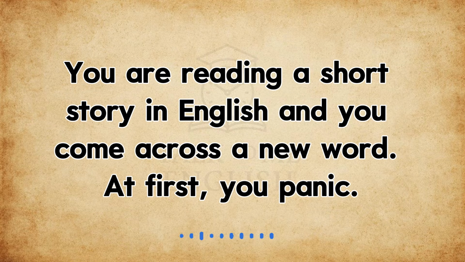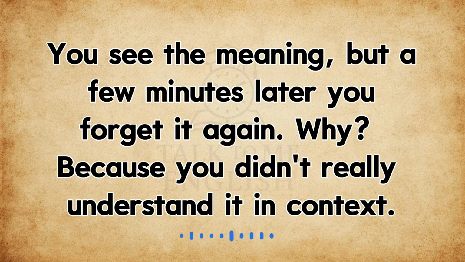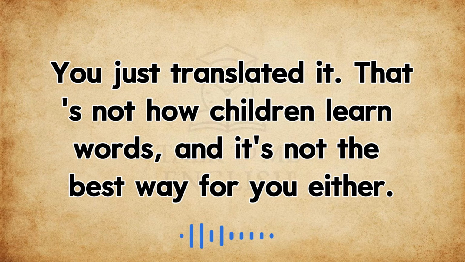At first, you panic. You stop. You reach for your phone, and you quickly type the word into Google or your dictionary app. You see the meaning, but a few minutes later, you forget it again. Why? Because you didn't really understand it in context. You just translated it. That's not how children learn words, and it's not the best way for you either.